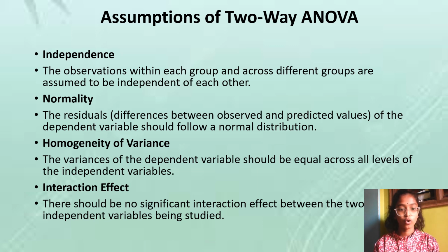And the next is homogeneity of variance. The variance of the dependent variable should be equal across all levels of the independent variables. And the next is the interaction effect. There should be a significant interaction effect between the two independent variables being studied.